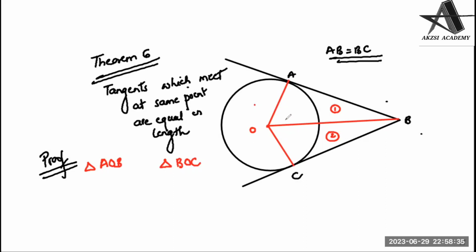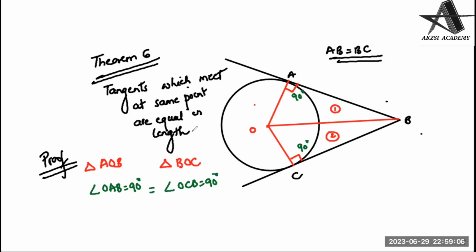First thing is, clearly I can say that these two angles are 90 degrees. We just studied theorem 5, which says that the angle between the radius and the tangent is always 90 degrees. So this is 90 degrees and this is 90 degrees. So I can say angle OAB is equal to 90 degrees and angle OCB is equal to 90 degrees. That means they are both equal to each other.